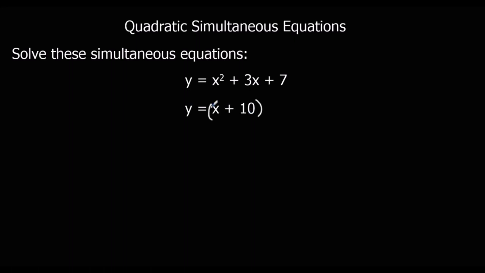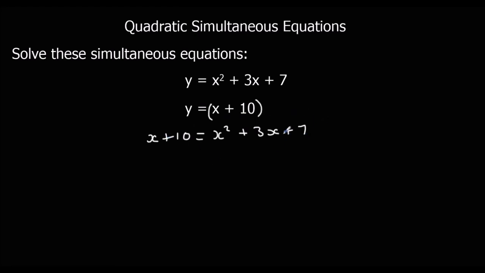Wherever I see y in the quadratic one, I can change it for x plus 10. So that gives me x plus 10 equals x squared plus 3x plus 7.